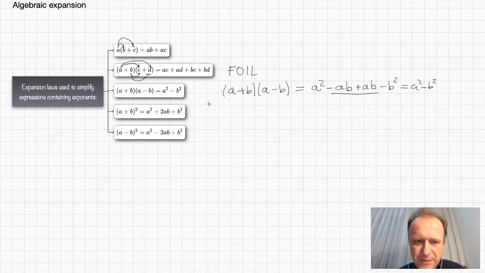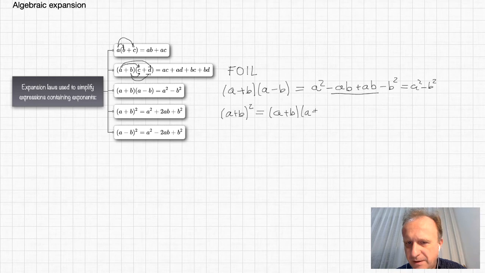Both can be, of course, carried out using this formula here in the second bubble. So let me show you, but it requires a lot more work. Okay, if you do it like this, you have to first realize that a plus b squared is a plus b times a plus b, and then carry out the multiplication.